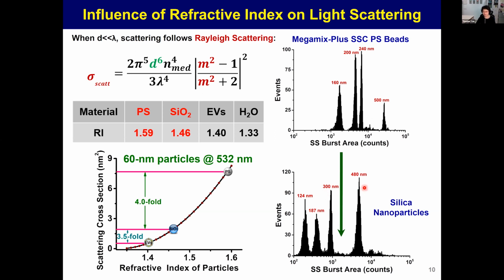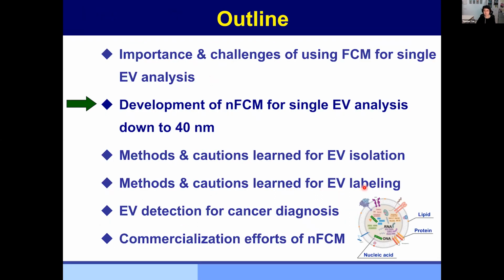So we know detecting small size EVs, let's say down to 100 nanometer or 40 nanometer, will be very, very challenging. Fortunately, we have developed this technique, this nano-flow cytometer, that enables us to detect single EVs as small as 40 nanometer.